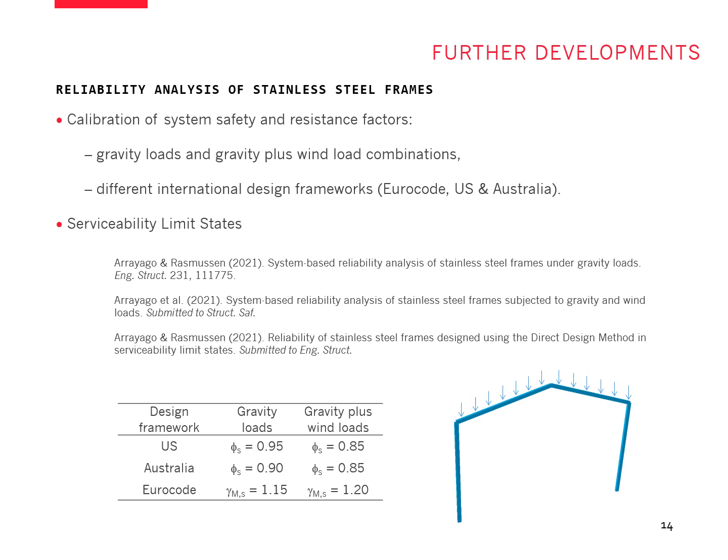On the other hand, we have also carried out reliability analysis to calibrate system factors for stainless steel frames under gravity and gravity plus wind load combinations in different design frameworks, which are the US, Australian, and Eurocode frameworks. And we have also analyzed serviceability limit states. If you are interested, all this information can be found in the papers listed in this slide.